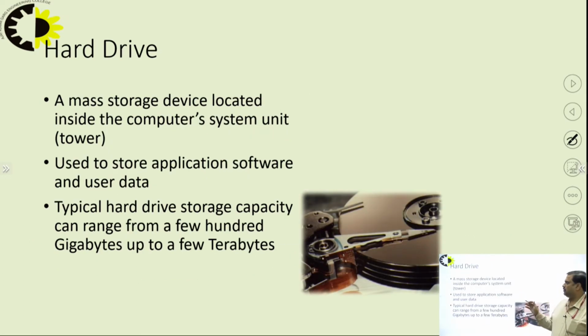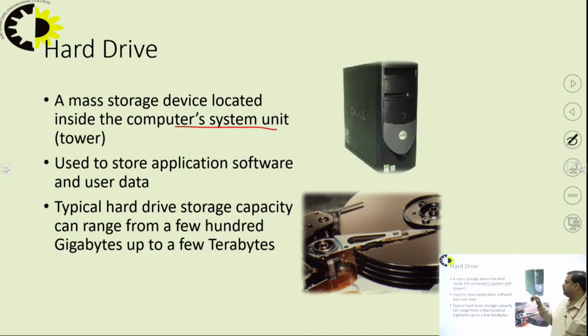So let's talk about the hard drive. A hard drive is basically a mass storage device which nowadays generally stores some TB of data, 1 terabyte, 2 terabytes, and it is located inside the computer system unit. This unit contains the motherboard, processor, and attached hard disk.